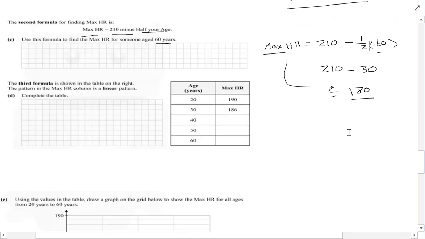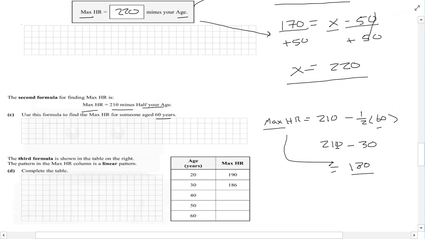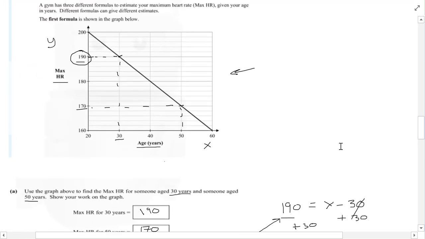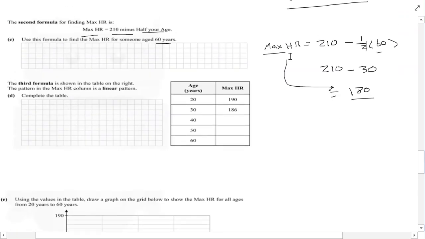Okay, and if we use that formula, we can see here again, we can just use the algebra to figure out what your answer is. In this case, the answer is going to be 180. So we're not using the graph in this case; we're just using the formula.